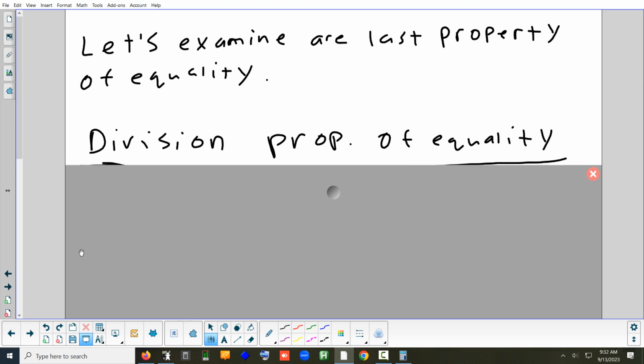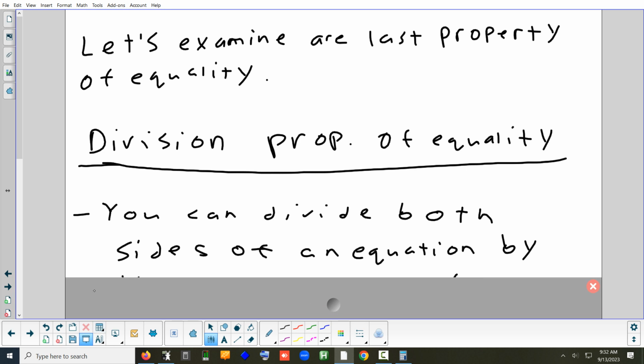So the division property of equality, again, just like the other properties, you guys can just look at this part. The addition property says you can add the same number to both sides. Subtraction property says you can subtract the same number from both sides. Multiplication property says you can multiply both sides by the same number. What do you think the division property says? Divide both sides. You can divide both sides by the same number.